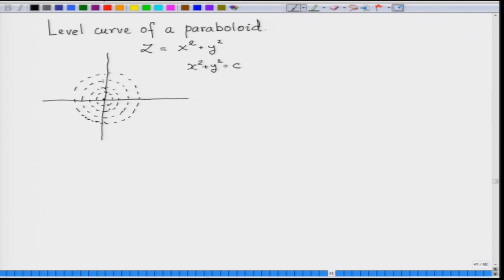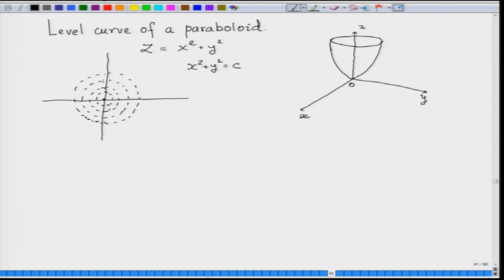These are the level curves. If you just draw the paraboloid again, this time in 3 dimensions, I am drawing it as a 3-dimensional quantity.